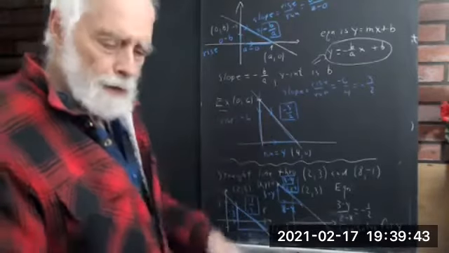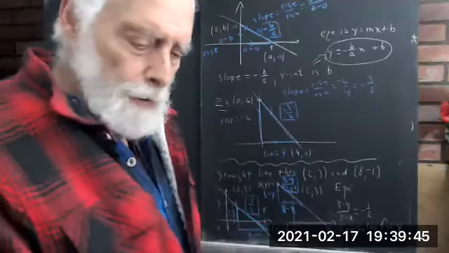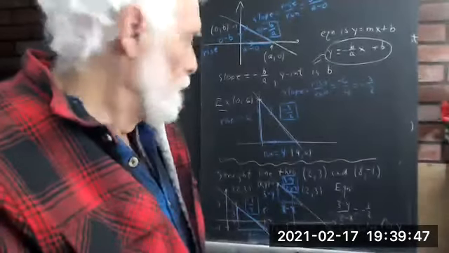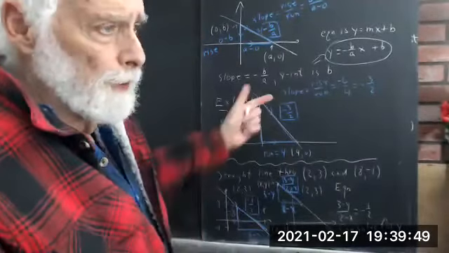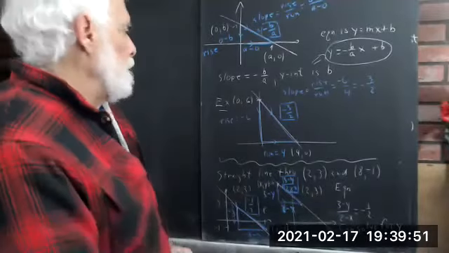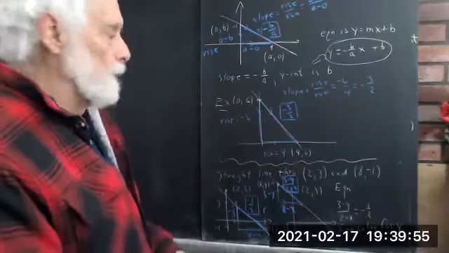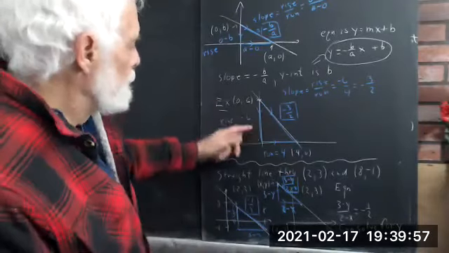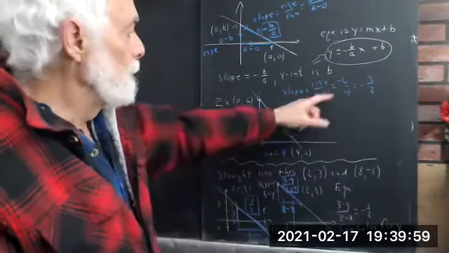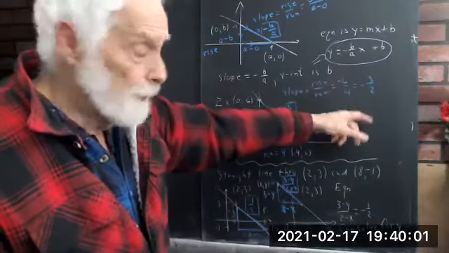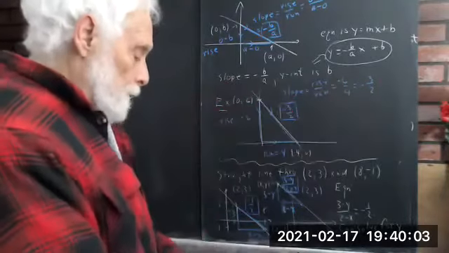And it appears that I didn't finish this. That wasn't necessarily an oversight. I chose to move on to another example. But if we apply the same thing to this triangle, we see rise is -6, run is 4. Slope is -6/4, rise divided by run, which reduces to -3/2.